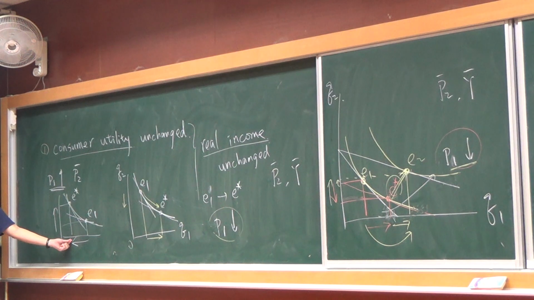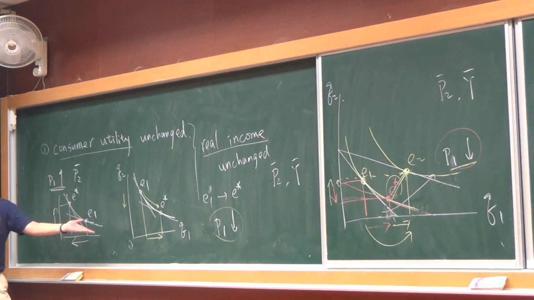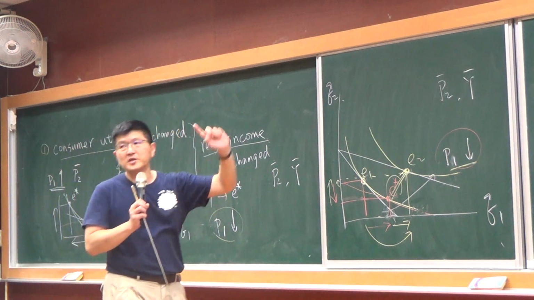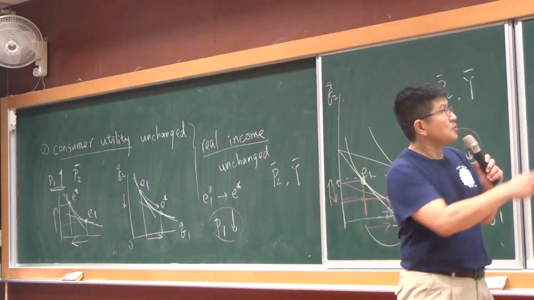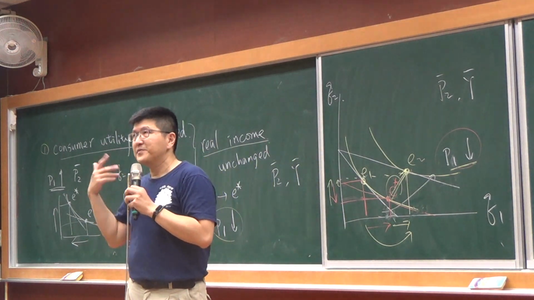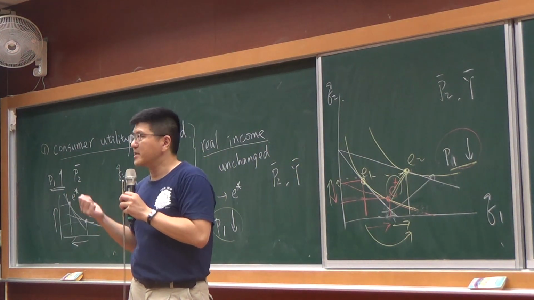So we increase the consumption on the cheaper one, but decrease the consumption on the more expensive one. Is it intuitive? Because we want to hold the indifference curve unchanged, and the indifference curve is negatively sloping. So the substitution effect must be negative, always negative. You've got to memorize this by heart.